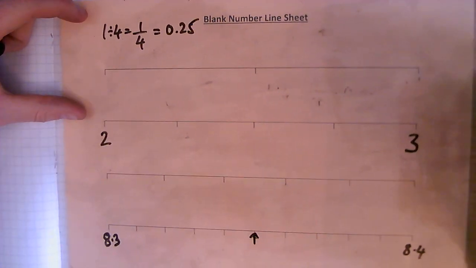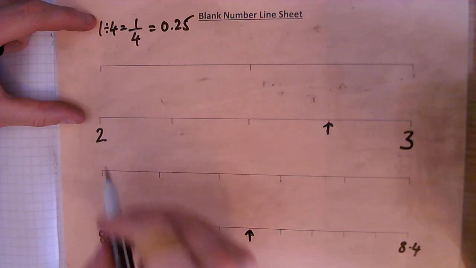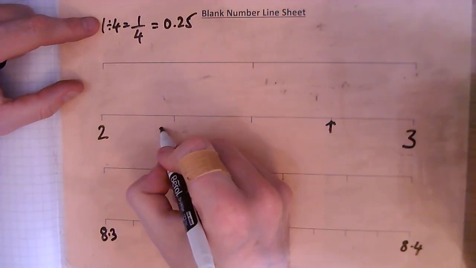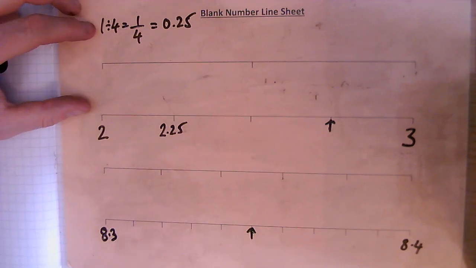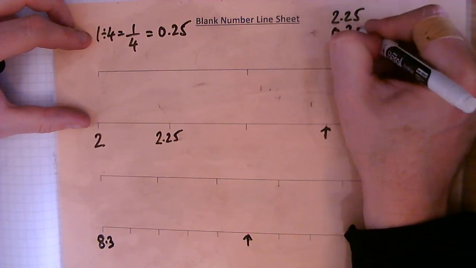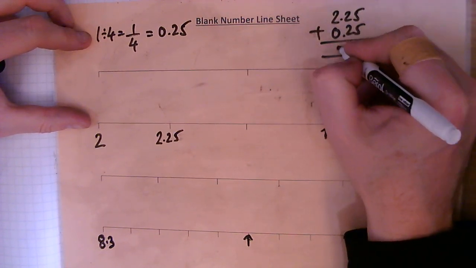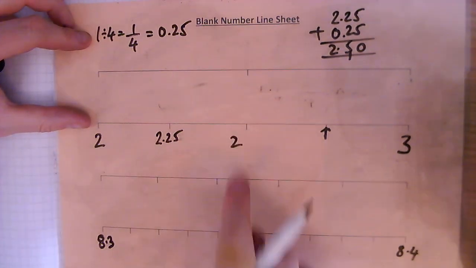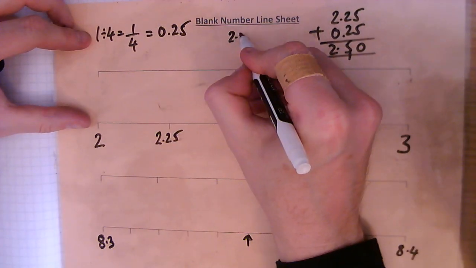And we want to know, let's say, what this arrow is pointing to here. So 2 add 0.25 is 2.25. Let's say I didn't know what 2.25 add 0.25 is. I can do it in a column. 2.5, and you can see that's halfway. And then this one, I'm not sure what it is again, so I'll do it in a column again.